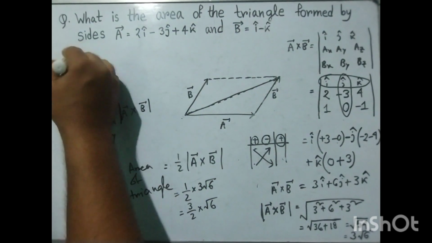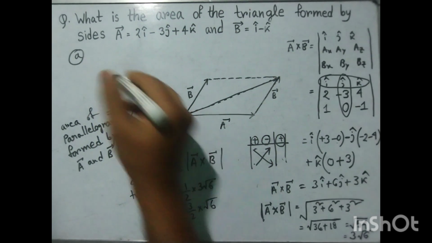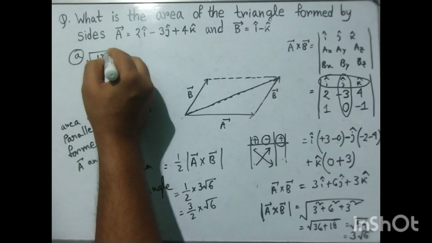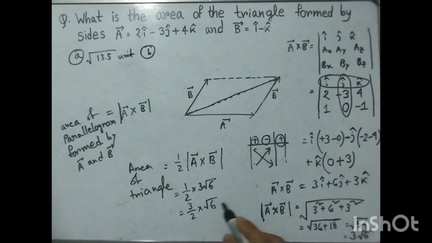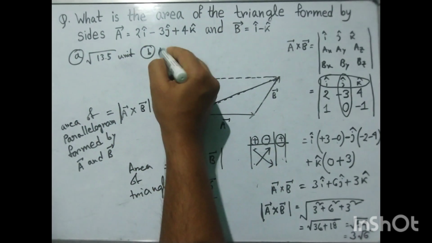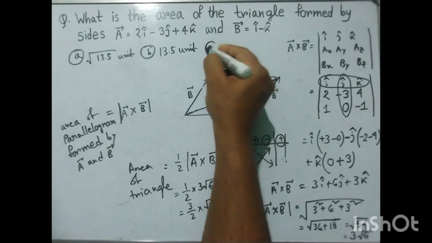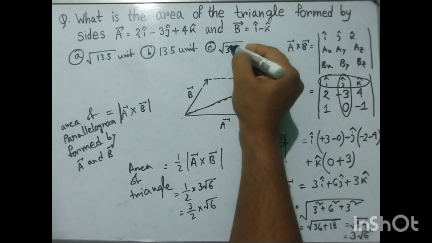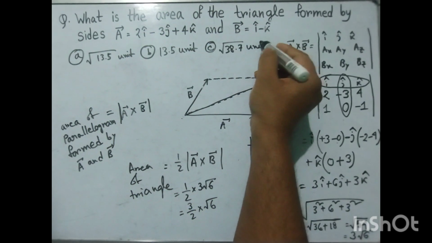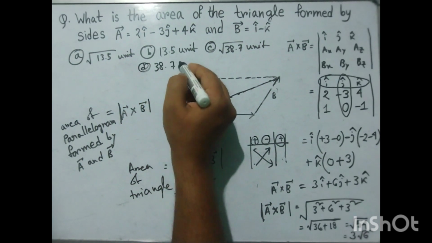Now options are: option A is root 13.5 unit, option B is 13.5 unit, option C is root 38.7 unit, and option D is 38.7 unit.